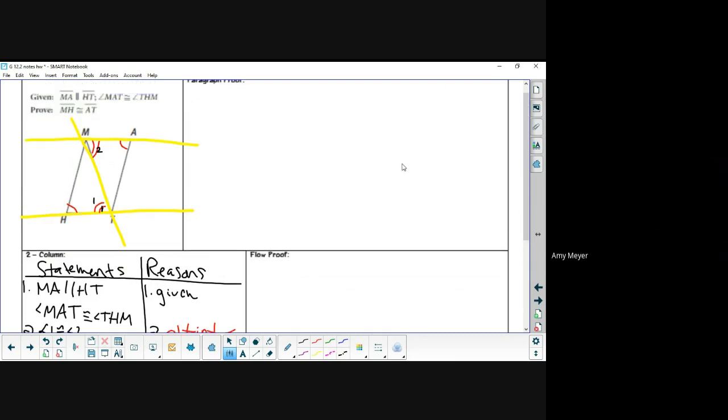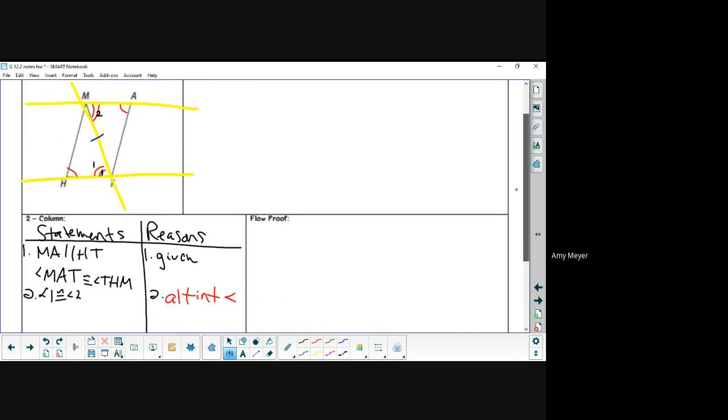All right, let's see what information we have in our picture. I see a red angle that match. I see a second pair of angles that match. But 2 pair of angles is not enough. Kennedy, do you see something else in our picture we should talk about? Reflexive, yes. See if you guys remember how to write reflexive in your proof.